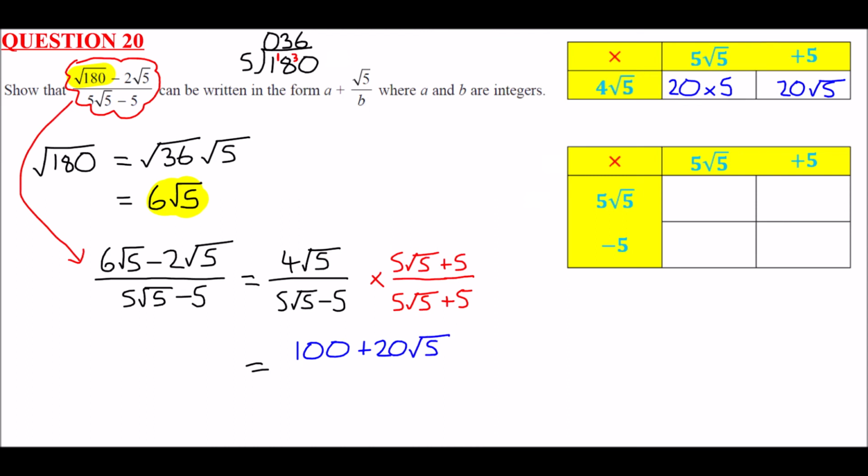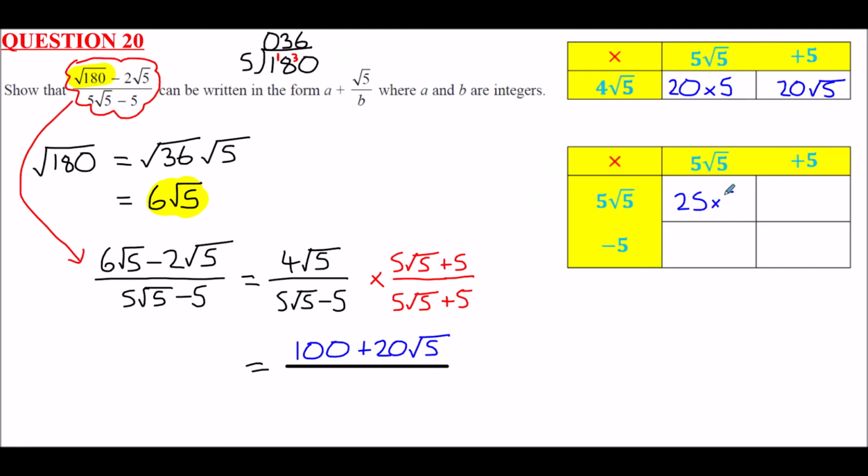Whereas on the bottom of the fraction, I've got 5 root 5 minus 5, this here, times 5 root 5 plus 5, which I've got here. The box is in any order. If I do the top left, just picking it at random, 5 times 5 gives 25. Then I've got root 5 times another root 5, which is 5.